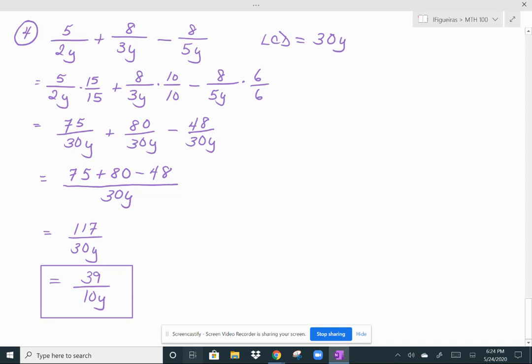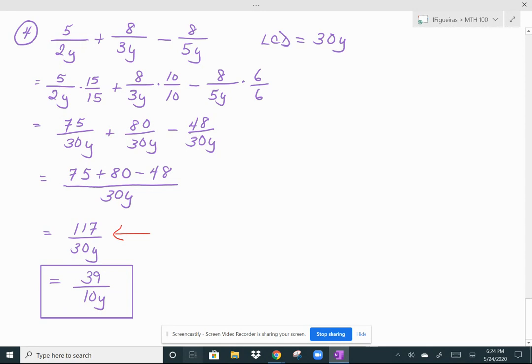So here you get 75 over 30y plus 80 over 30y minus 48 over 30y. Since I now have a common denominator, I could write this as one big fraction as 75 plus 80 minus 48 over 30y. The numerator simplifies to 117 divided by 30y.